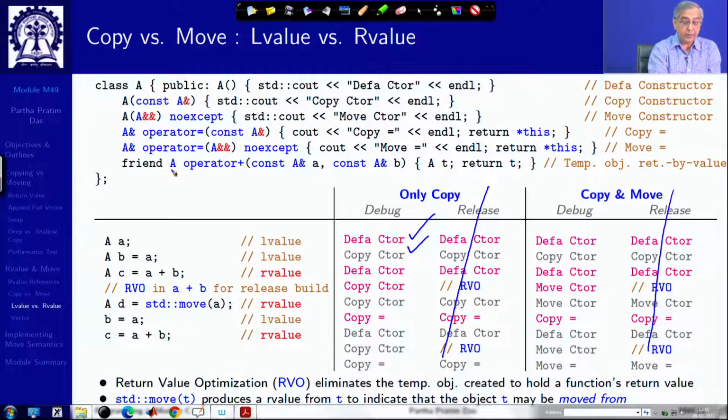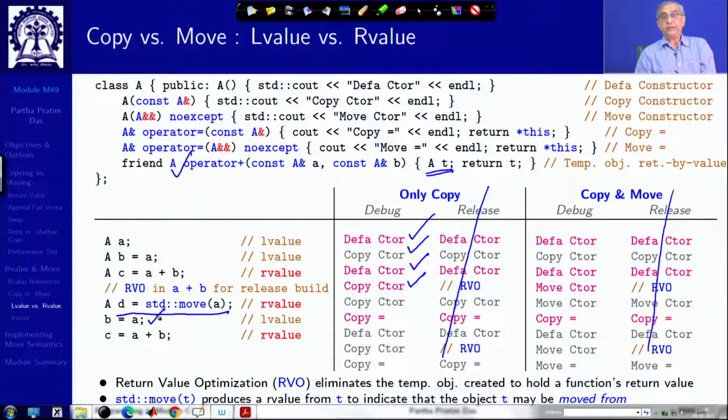First this operator will be called. So, a T will be created and then it will be copied.